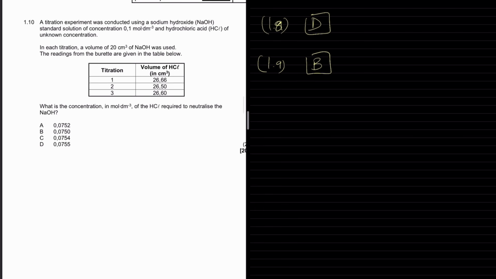1.10, a titration experiment was conducted using sodium hydroxide, standard solution of concentration 0.1 moles per dm cubed, and HCl of unknown concentration. In each titration, a volume of 20 cm cubed of NaOH was used. The readings from the burette are given in the table below.